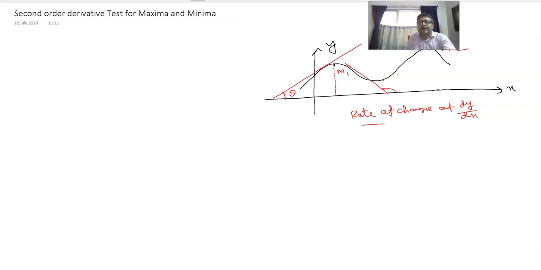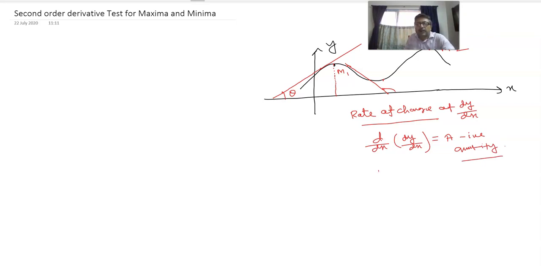Rate of change of dy by dx, that is nothing but d by dx of dy by dx, that is going to be a negative quantity minus a positive quantity, equal to a negative quantity. Okay.